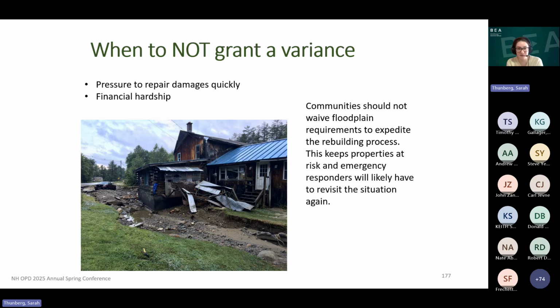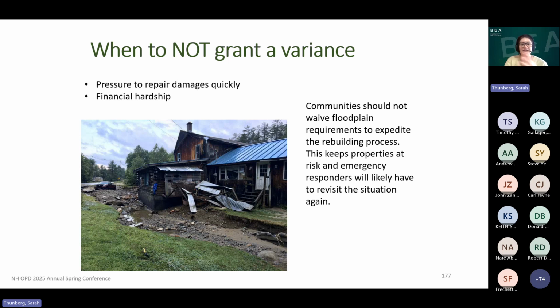So even if your house was built 100 years ago, before there were even mapped floodplains, your house might have been grandfathered into the floodplain program and not required to be elevated to what a new house would be required to do. But if your house gets substantially damaged, you are required to elevate or do some mitigation so that your house would be fully compliant as if it was a new building.